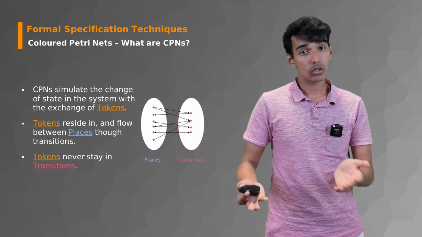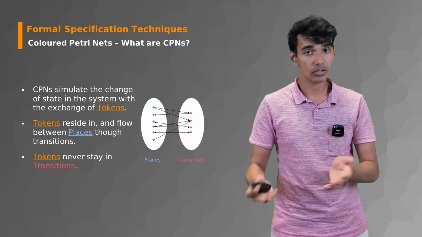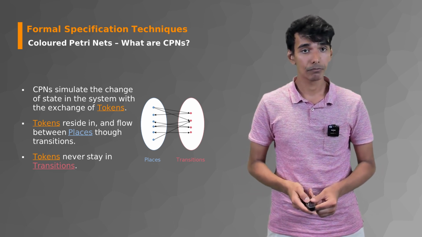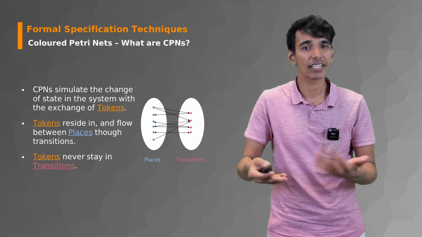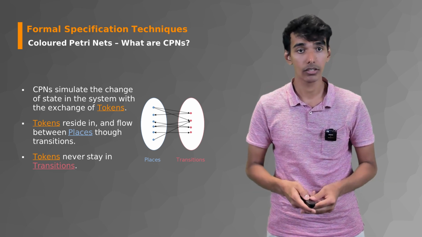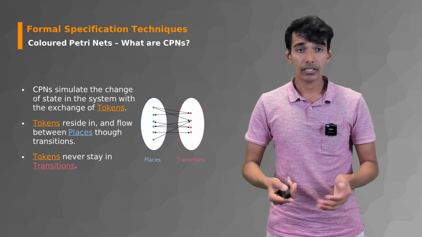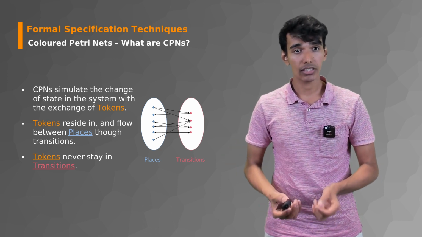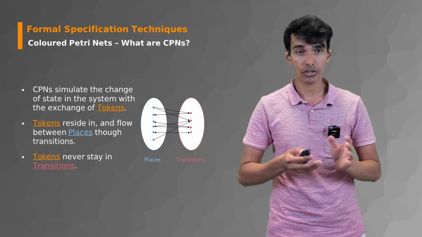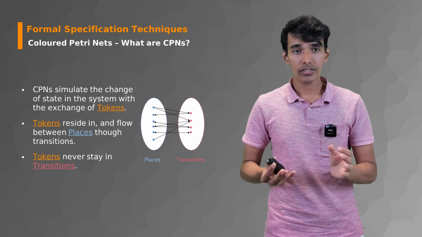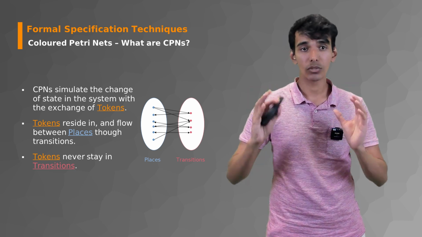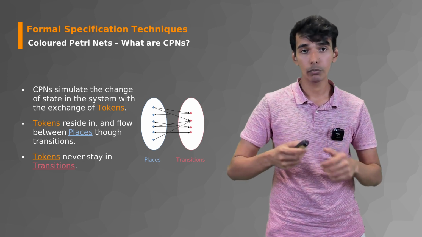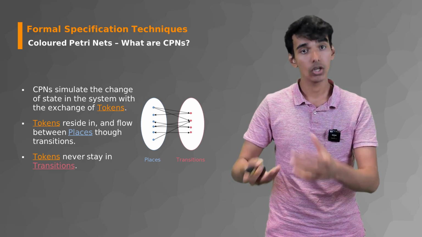So now that you know a little bit about what the components of this bipartite graph are, we can understand what exactly happens inside of a colored Petri net. CPNs simulate the change of state within the system using the exchange of these things called tokens. Tokens are these things that reside within and flow between places through transitions.